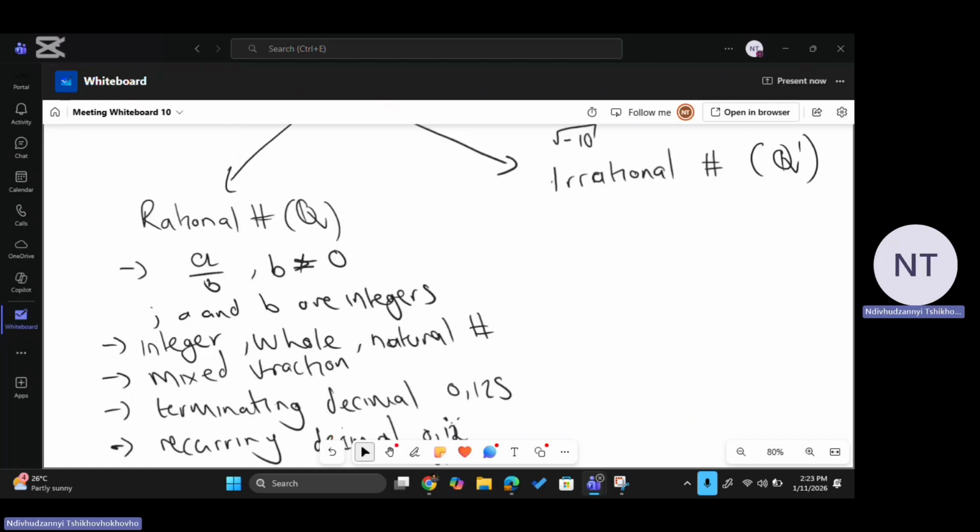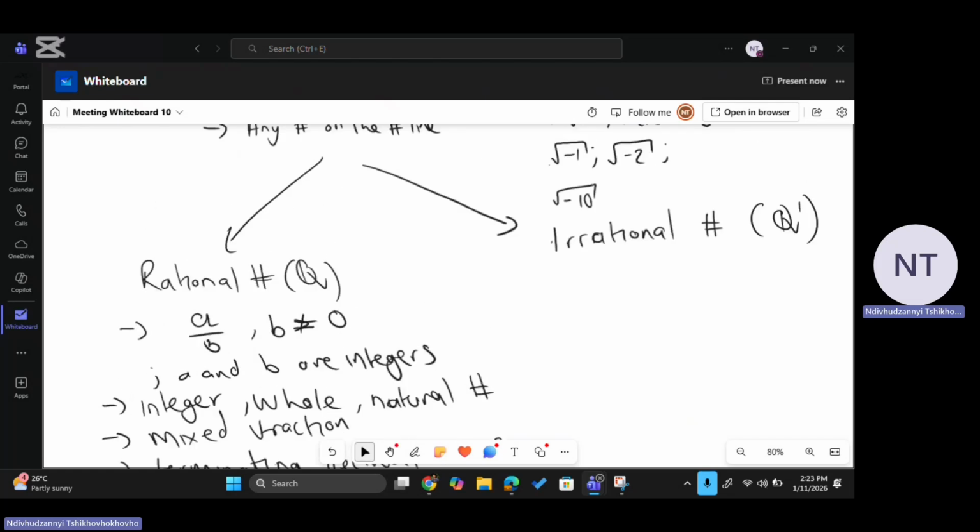And let's define what an irrational number is. If you now know what a rational number is, then the opposite of that would be an irrational number.